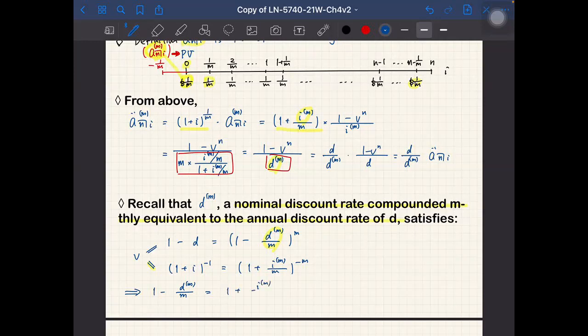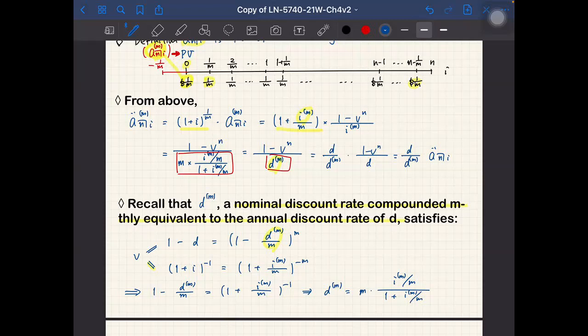From this, we can derive that d superscript m is equal to m times i superscript m over m over 1 plus i superscript m over m.